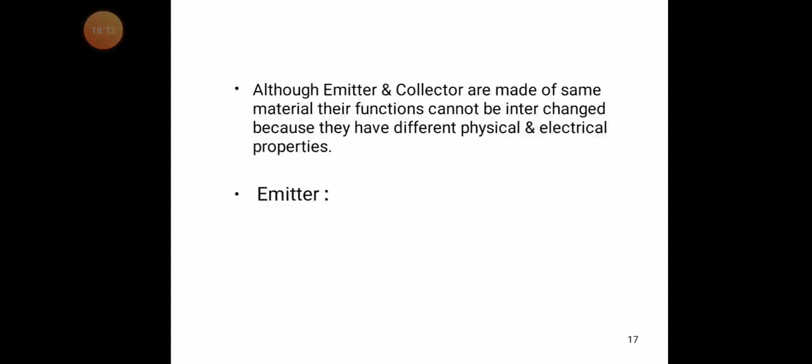Although emitter and collector are made of the same material, their functions cannot be interchanged because they have different physical and electrical properties.